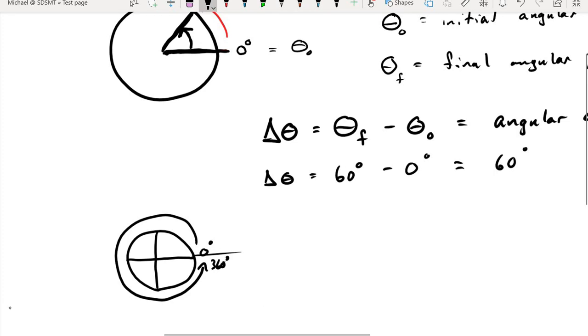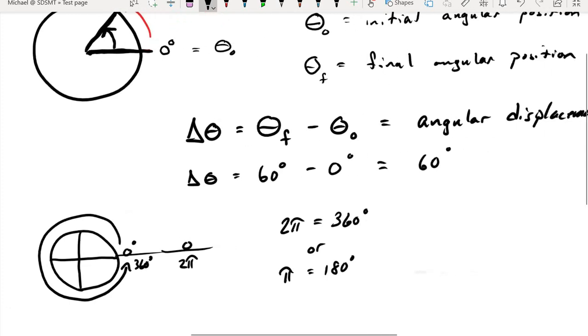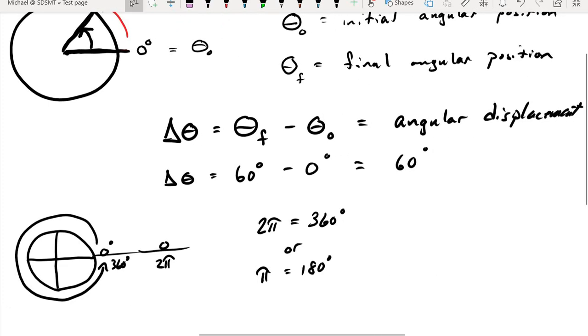But at the same time, if we start at 0, going a full circle means going 2 pi radians in terms of angle. And so 2 pi is equal to 360 degrees, or we can pare that down and say that for every 180 degrees we get pi radians.